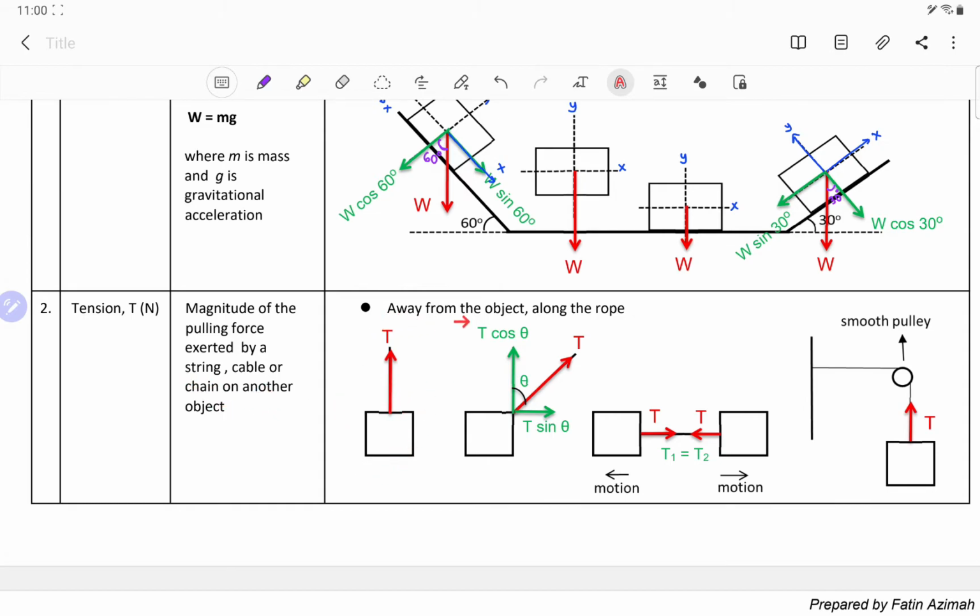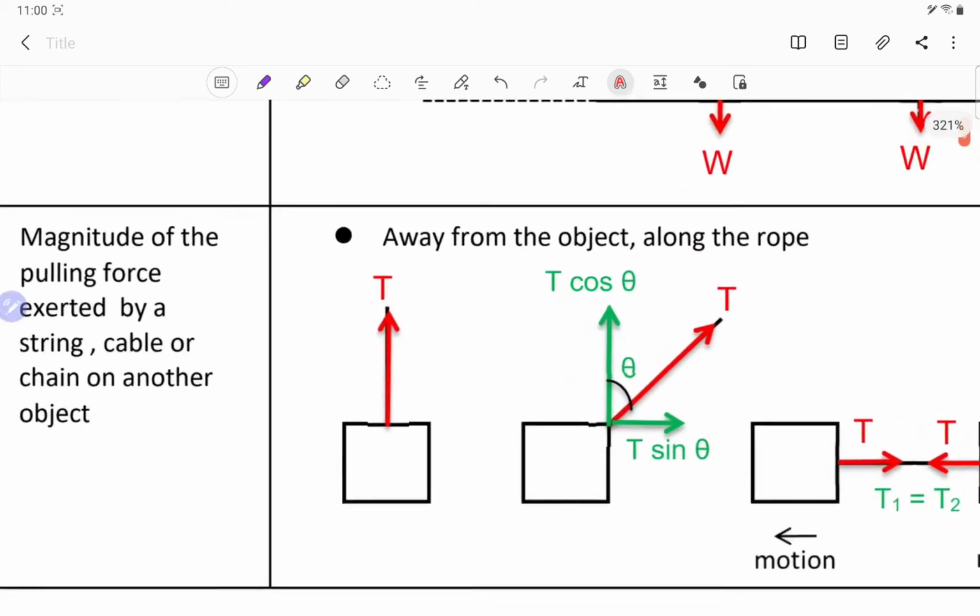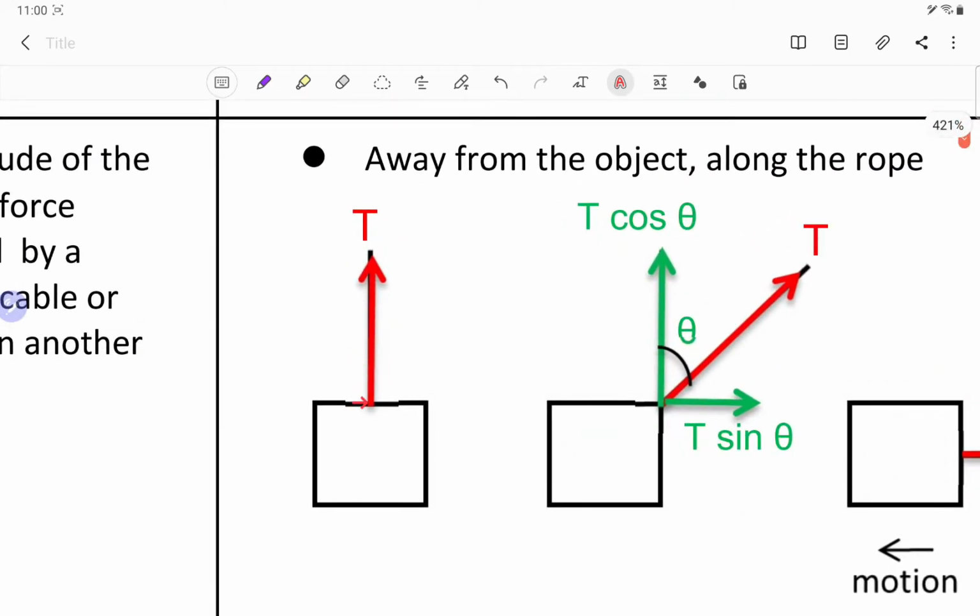Okay, and then the directions of the tension vector is away from the object along the rope. Okay, so for the first diagram, the string is this one over here. So the vector for the tension is going away, menjauhi object. So this is the object. So direction of tension force naik ke atas, menjauhi objek tersebut.